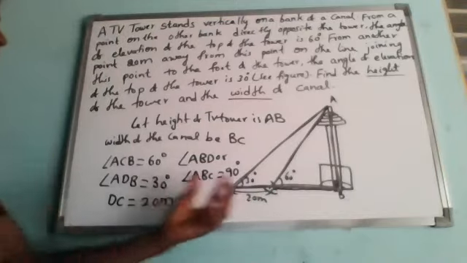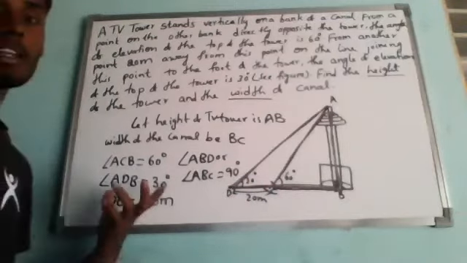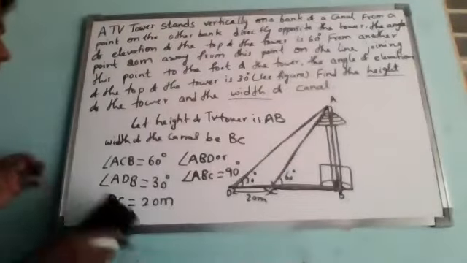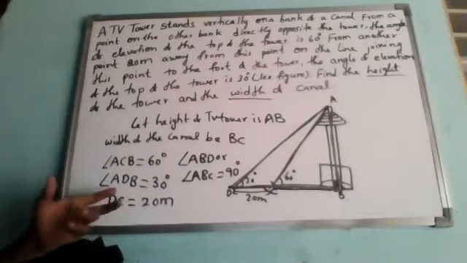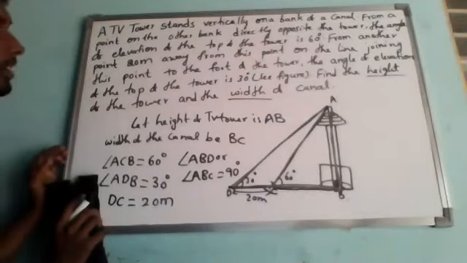Understand? So now we have two right angle triangles, ACB and ADB. From that, by applying trigonometric functions, we can calculate the height of the tower and the width of the canal.